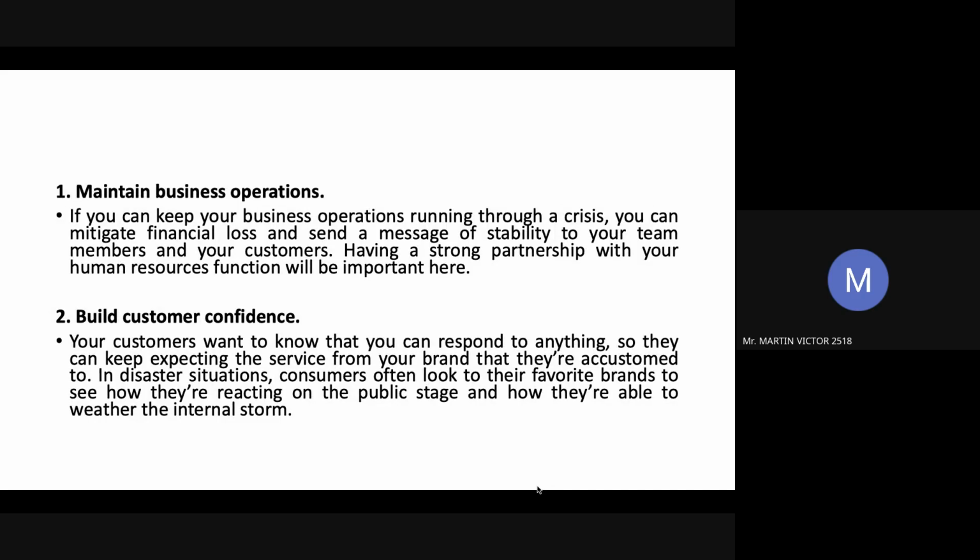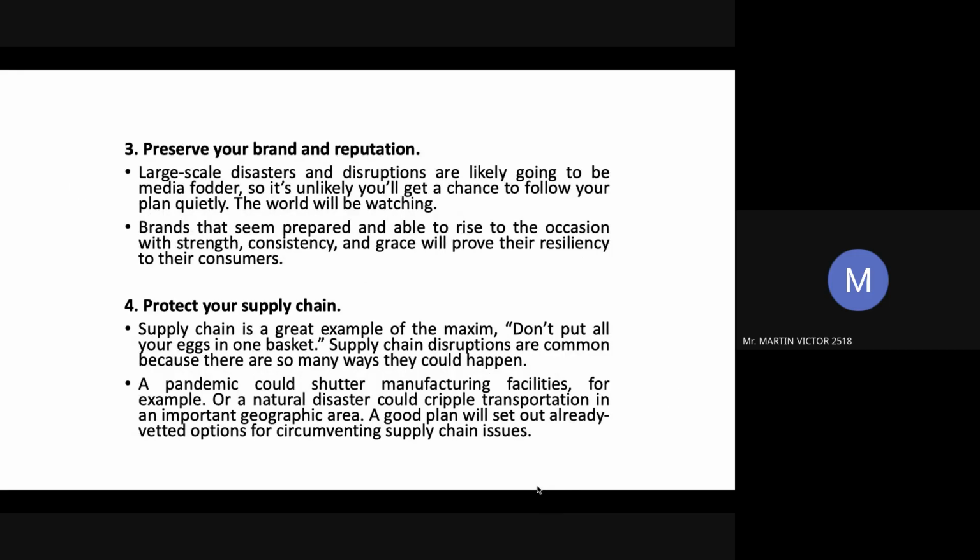So that has been given in detail. Firstly, we can maintain the business operations, and then we can build the confidence level among the customers and even the employees. The business would have already created a brand.